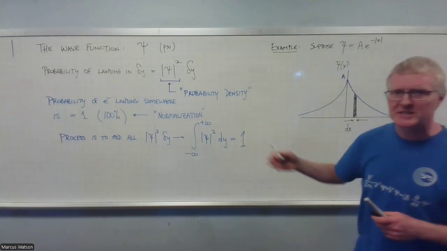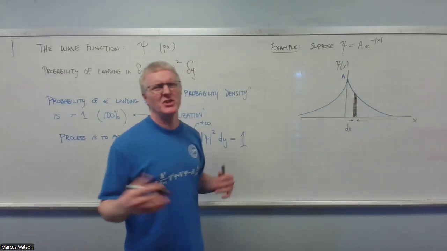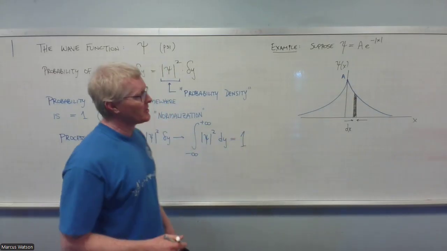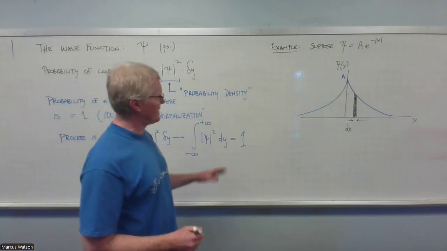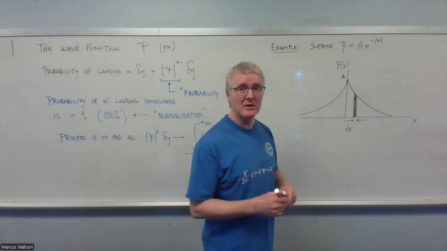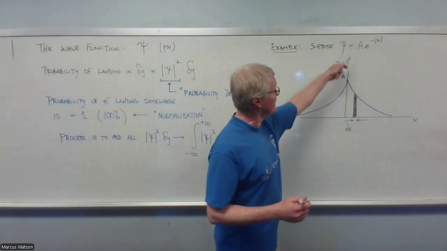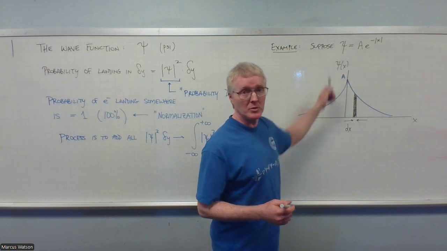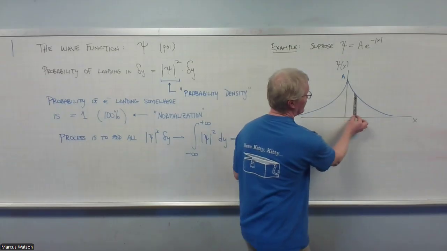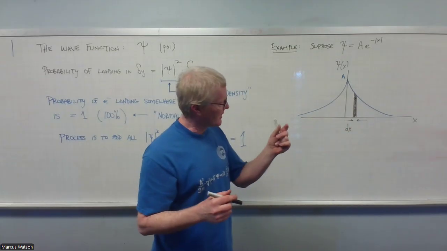I know I used dy over here, but it's just d whatever this axis is. And usually it's x because that's the horizontal axis. So if I wanted to find the probability of the electron being in there, I would need to know how far away I am, because I need to give the wave function some value, and then I need to find the area of this strip.